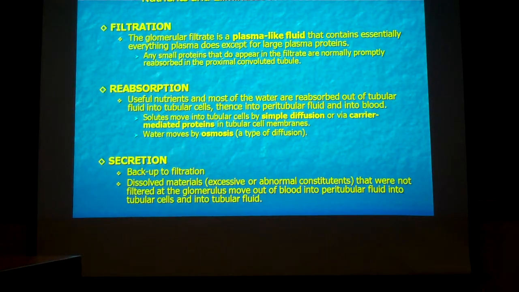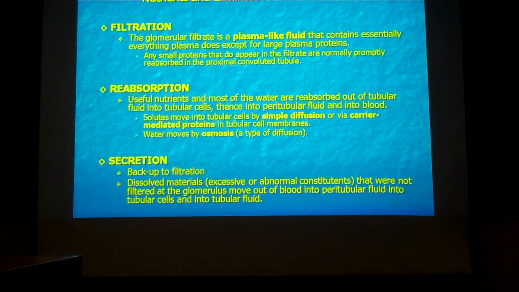Reabsorption is taking back out of the tubular fluid what the renal corpuscles have filtered out. Secretion is basically a backup to reabsorption, because some of the things we get rid of are secreted, not necessarily filtered in the renal corpuscles.